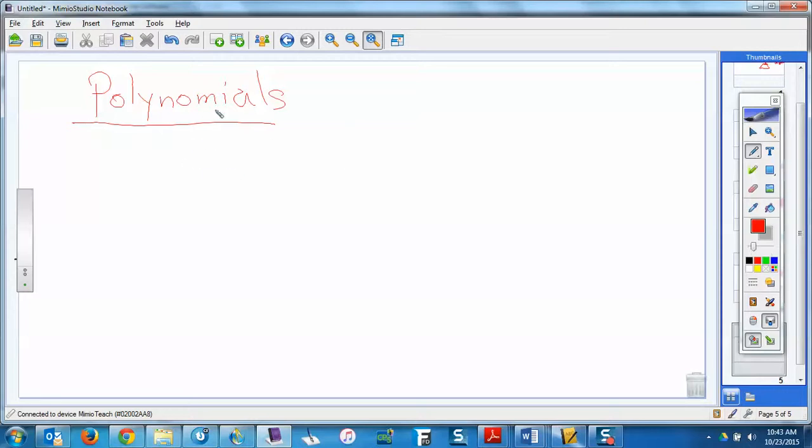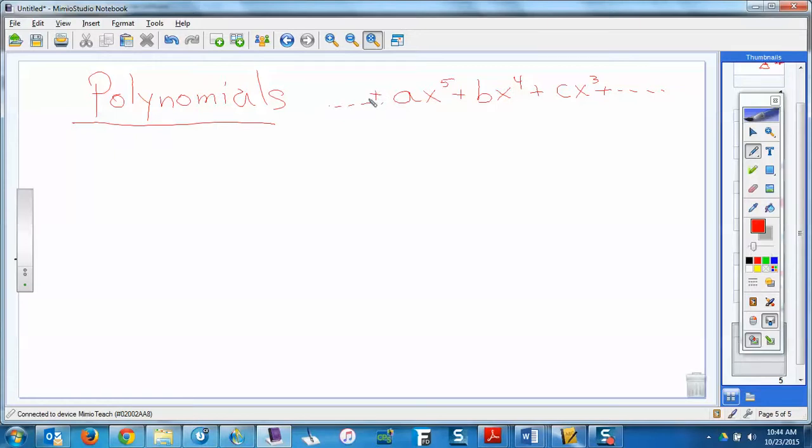I tried it this morning. It looked pretty good. So polynomial functions are the types of functions that are like ax to the fifth plus bx to the fourth plus cx to the third, dot, dot, dot, kind of thing.